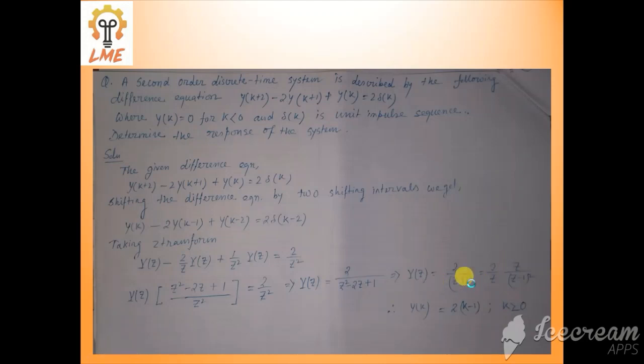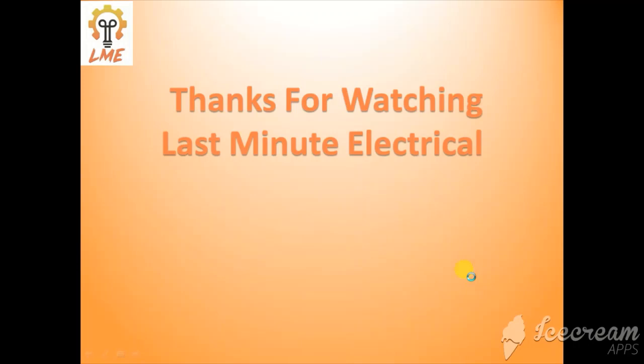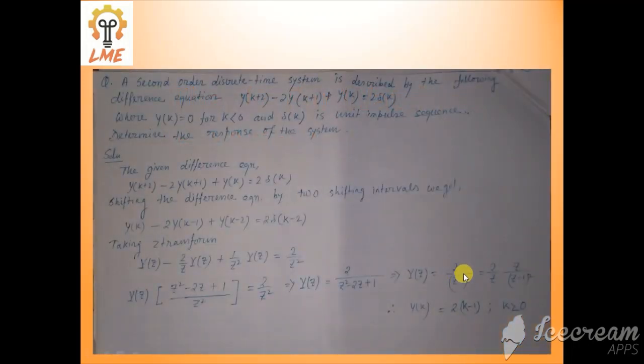So Y(z) is equal to 2 by (z minus 1) square. It can be written as 2 by z into z by (z minus 1) square. See here, z by (z minus 1) square is actually the Z transform of the unit ramp sequence. You already know this, I hope.